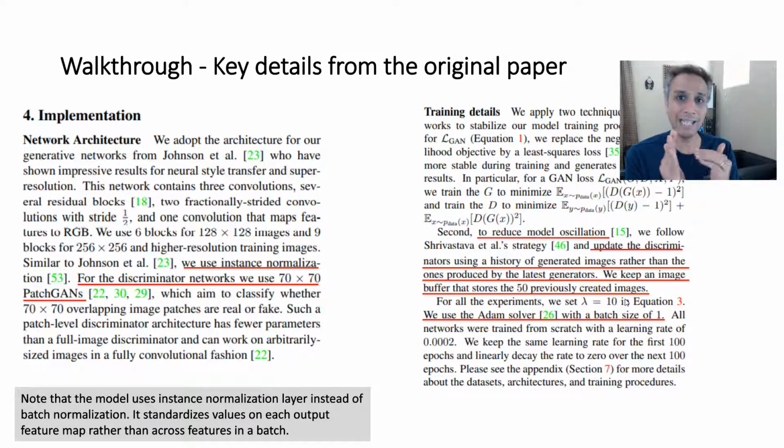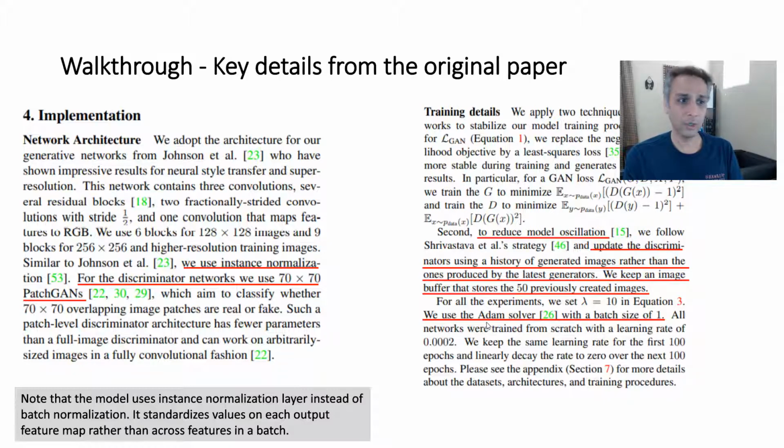So instead of using that single fake image, they are actually training the discriminator using 50 previously created images. They keep a buffer of these 50 previously created images, and they use that to update the discriminator weights. That's another thing that's different from pix-to-pix.